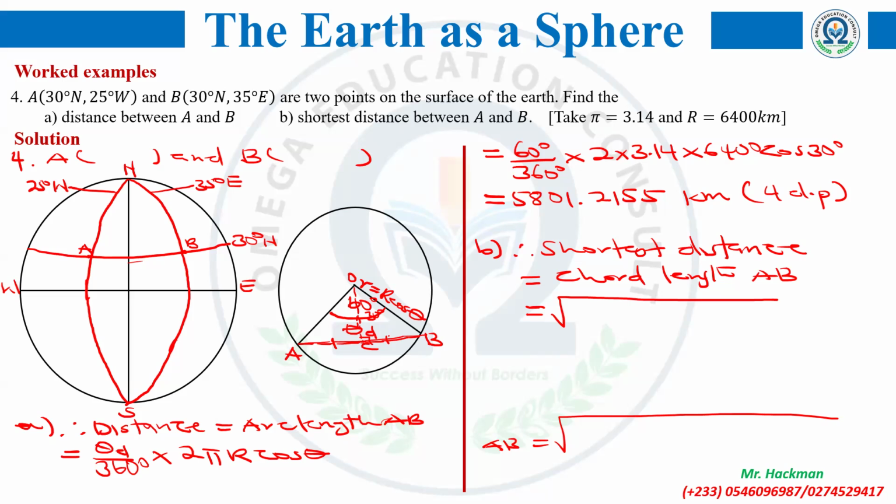OA squared. So what will be the answer that we are supposed to get?